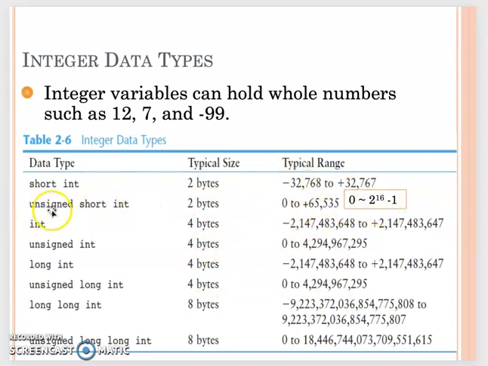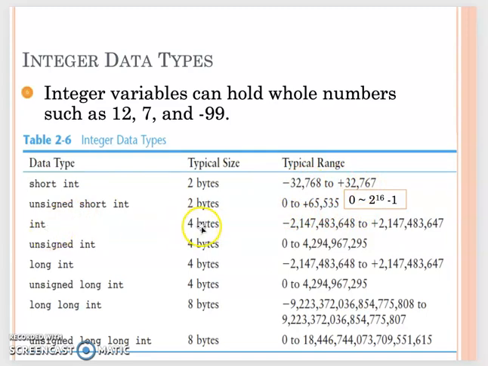If you are unsigned, that means no sign, so it starts from 0 or positive. If you include the sign, you can have positive or negative numbers. That's why you see the short int range is in the middle, between these values.